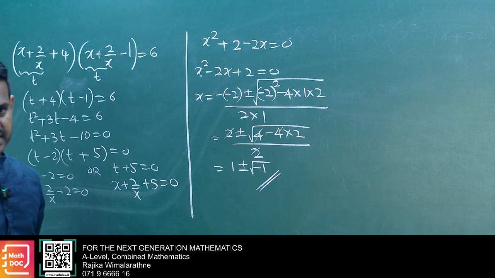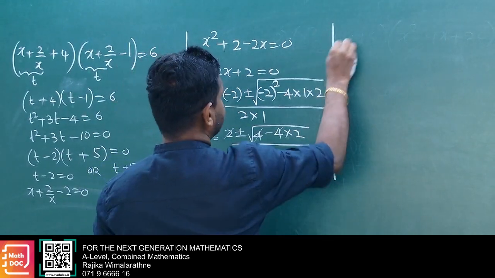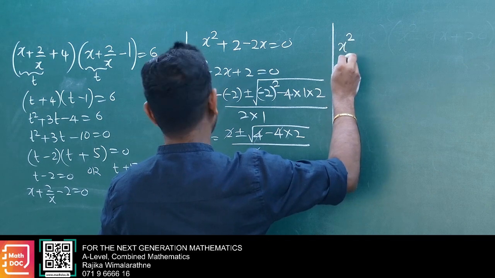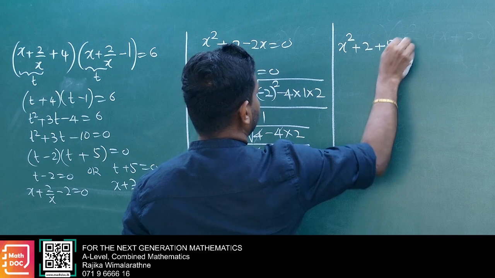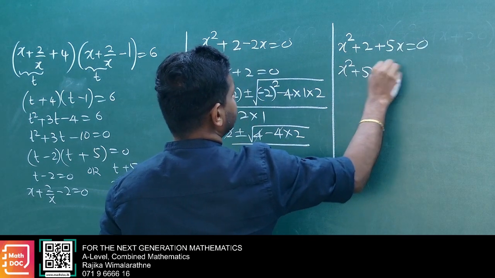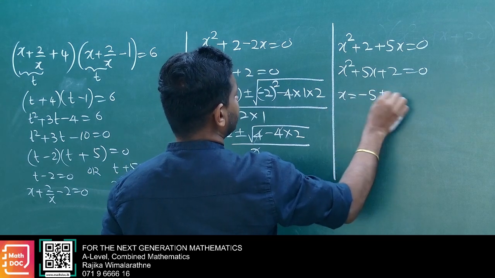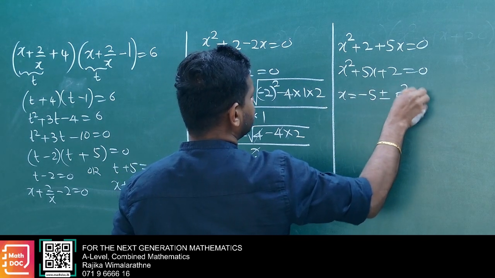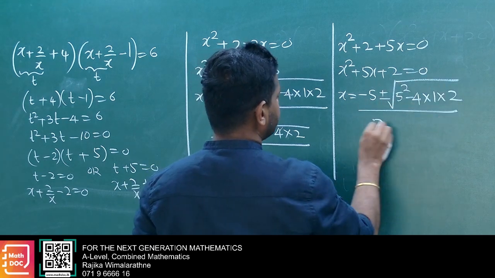Then take the other expression as well. Then multiply by x here. X square plus 2 plus 5x 0. X square plus 5x plus 2 0. Then x equals minus b plus or minus root of b square minus 4ac, divided by 2a.